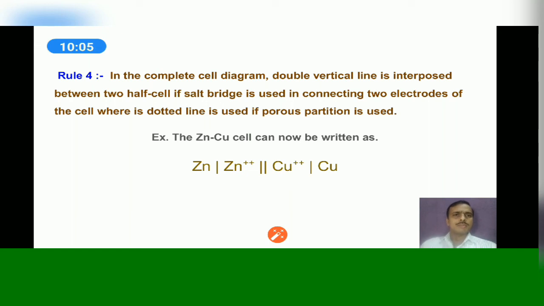Now say in this example, the anode half cell is written on the left side, that is zinc, and the cathode half cell is copper. Both half cells are internally connected, and the two vertical lines indicate the salt bridge, showing that the two half cells are interconnected by a salt bridge.